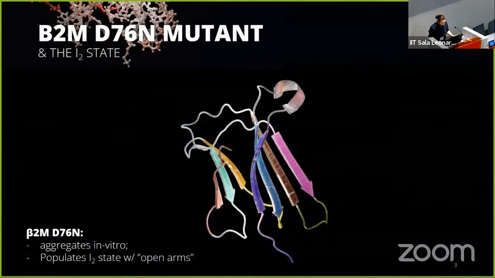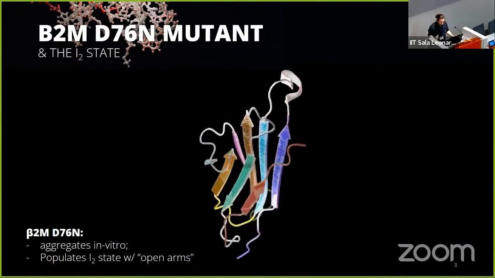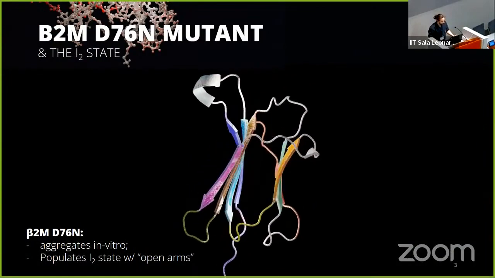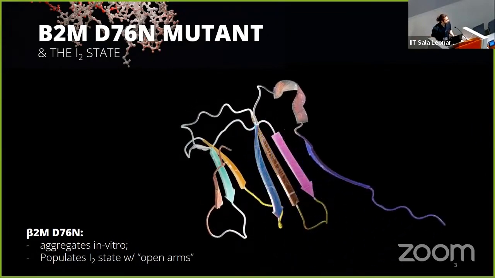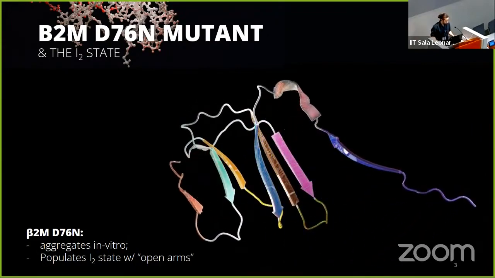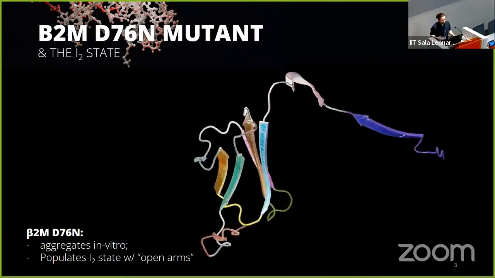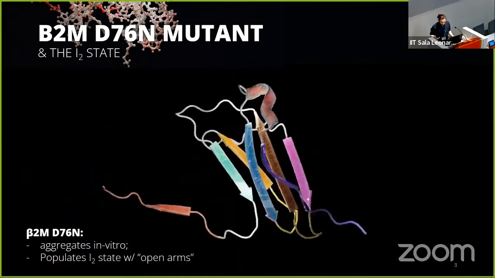Beta-2M in its wild type form generally does not aggregate under physiological conditions and physiological concentrations. But there is a particular mutant, the D76N, that is found in some people that does aggregate.